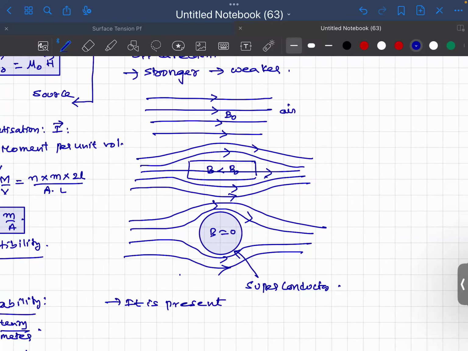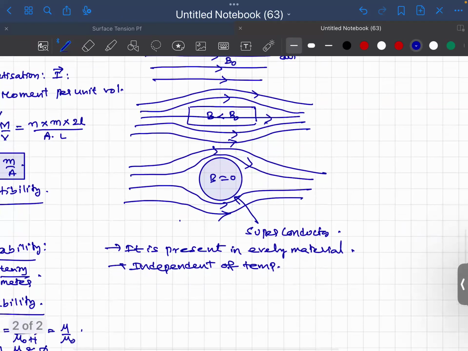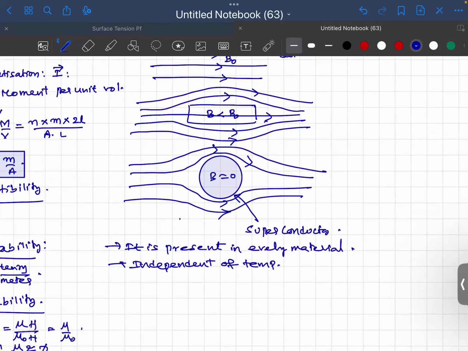Obviously it is present in every material. It is independent of temperature. No effect of temperature.